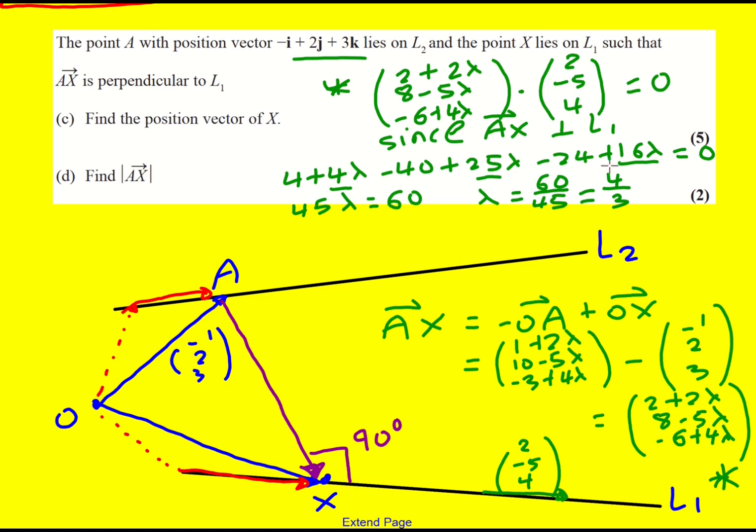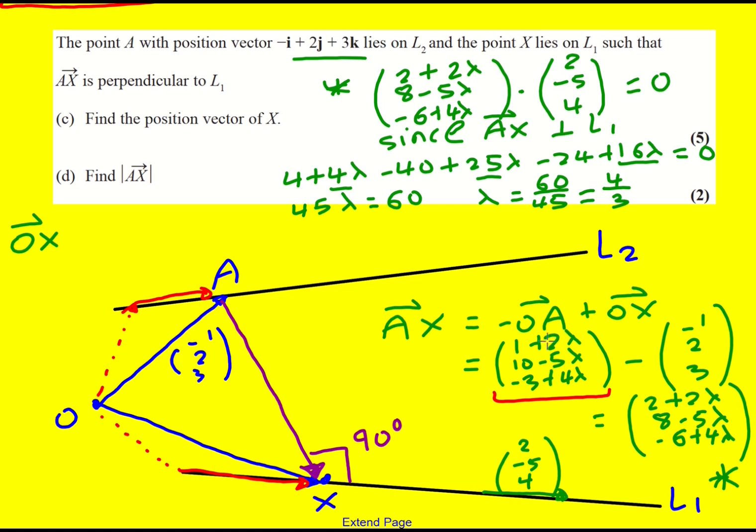Okay, so I'm nearly there. So now I want the position vector of X. So I want OX, and I can put it back into here, 4 over 3.